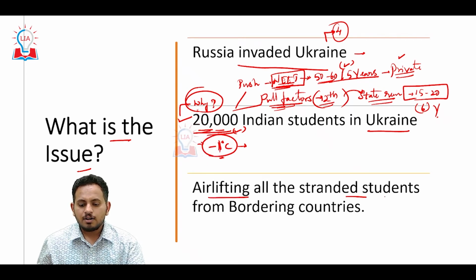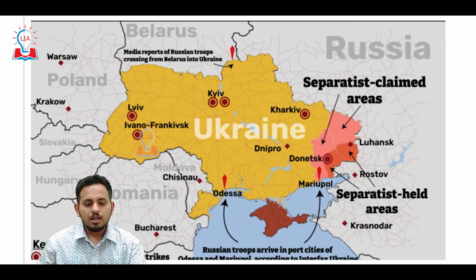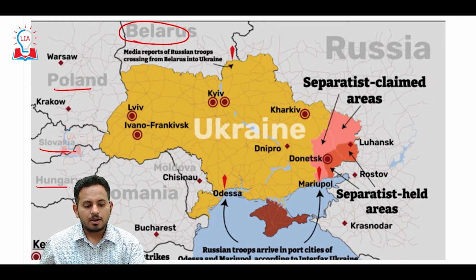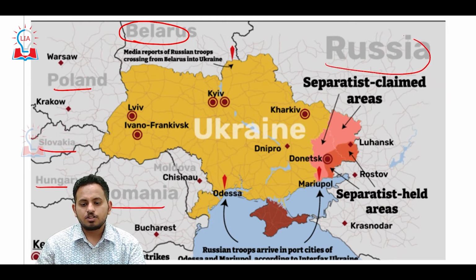Airlifting all stranded students from bordering countries. Look here. These are the bordering countries: Belarus, Poland, Slovakia, Hungary, Romania, and on this side we have Russia.